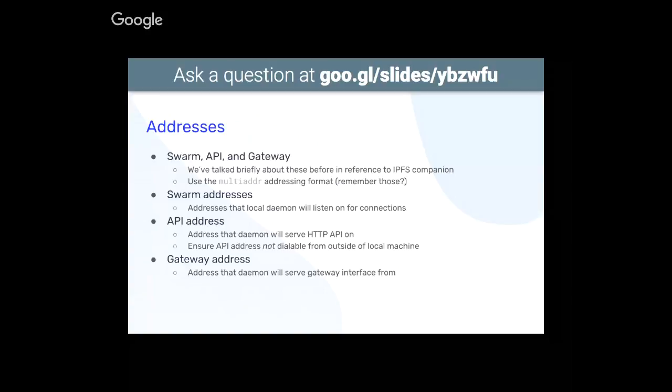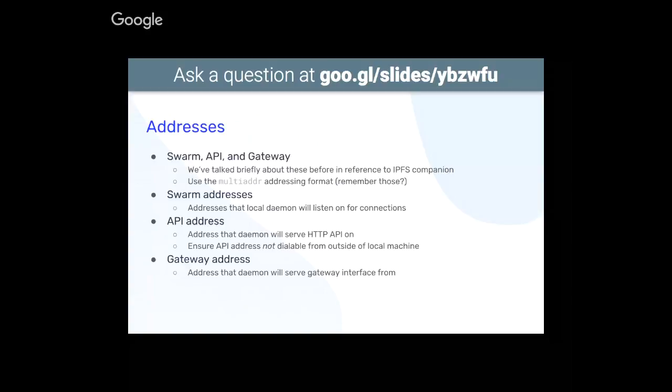Conversely, your API address controls where your local daemon will serve its HTTP API from. And just in case you weren't aware, your IPFS peer is actually running a lightweight HTTP server for running IPFS commands, including on your local computer or server. So when you call, say, IPFS add, you're actually hitting this locally running server to process that command. So obviously, then you'd want to make sure that the address for the API is not accessible outside of your local host.